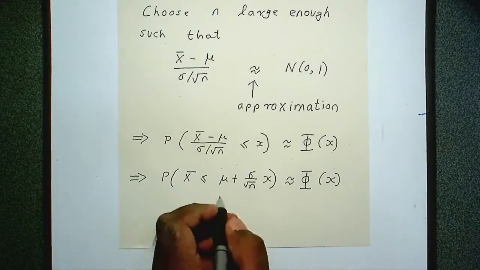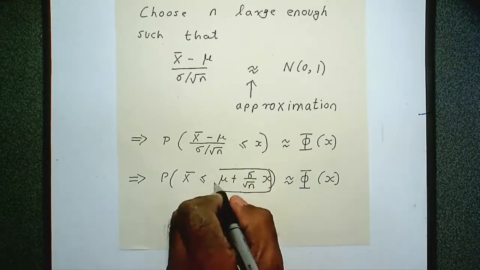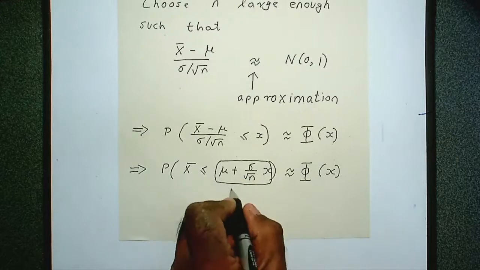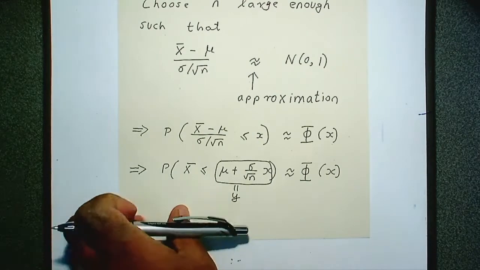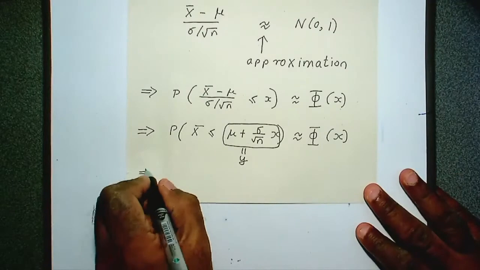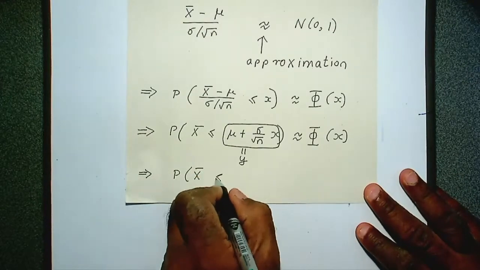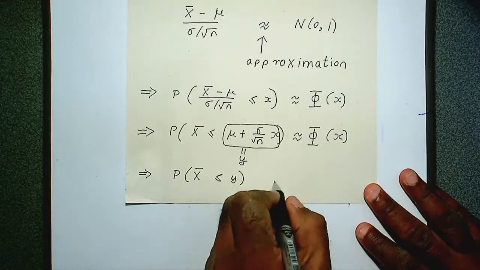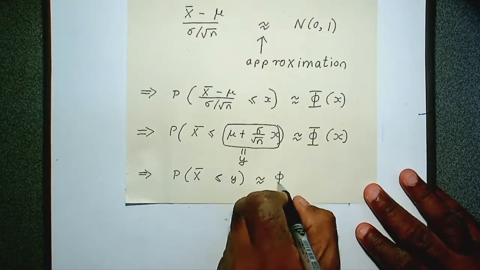Now, let me call this guy here y. I'm just introducing a new notation. We are allowed to do that in mathematics. So what this implies is the following. It implies that the probability that x bar is less than or equal to y is approximately equal to phi.